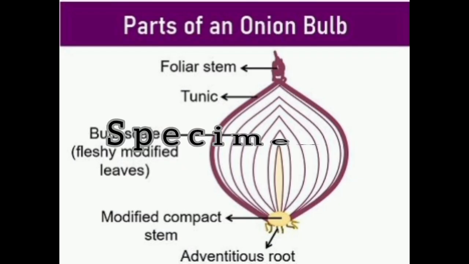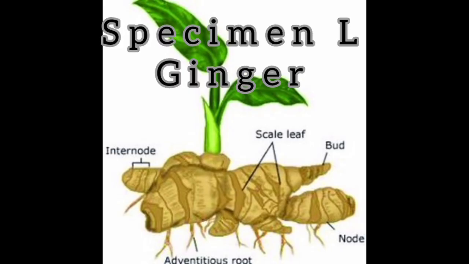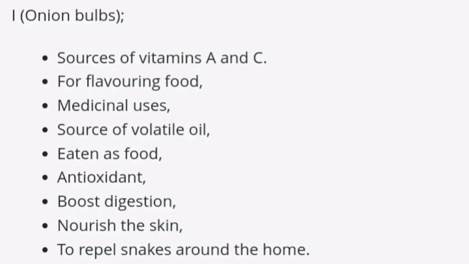Now specimen I is onion bulb. I'm going to compare it with specimen L, which is ginger. So onion bulb and ginger. Okay. All right, what are the uses of onion bulb? Okay, onion bulb is a source of vitamin A and C. It's used for flavoring food.